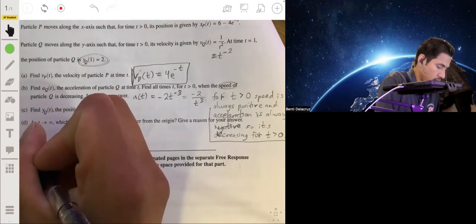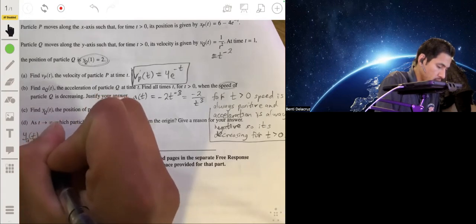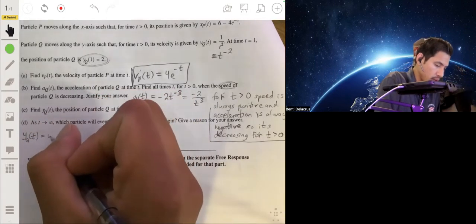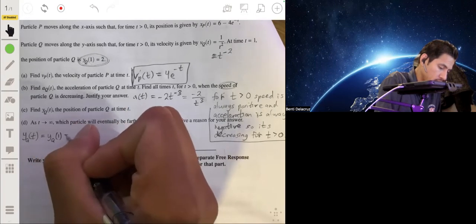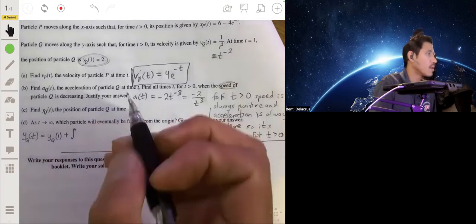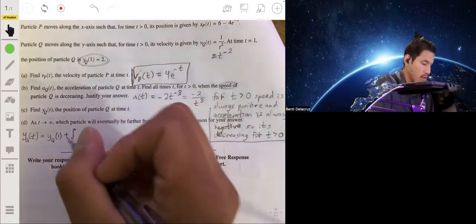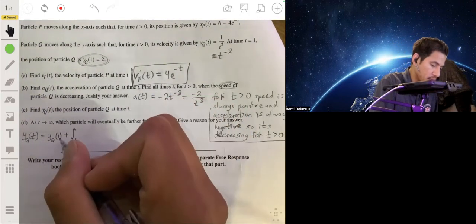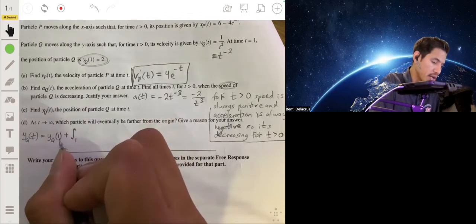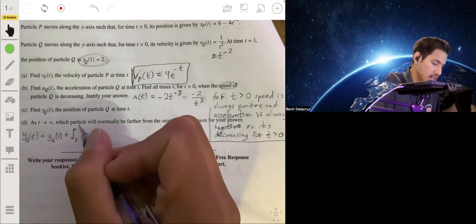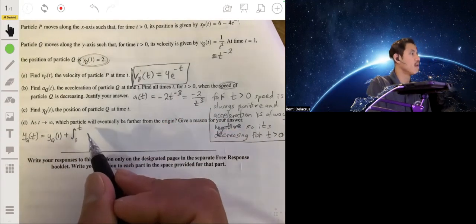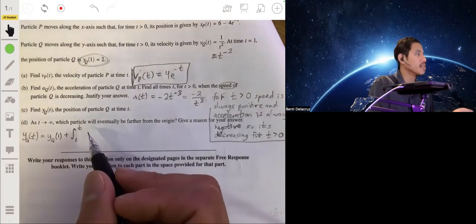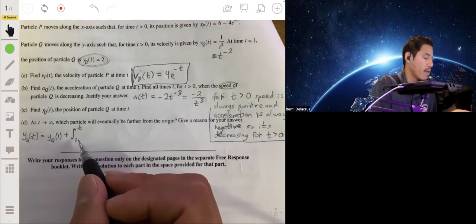So y of q of t will be y of q of 1 plus the integral from 1, because remember we know where it is at time t equals 1, so we're going to integrate from 1 to t, and that's going to basically tell you its displacement on this interval.